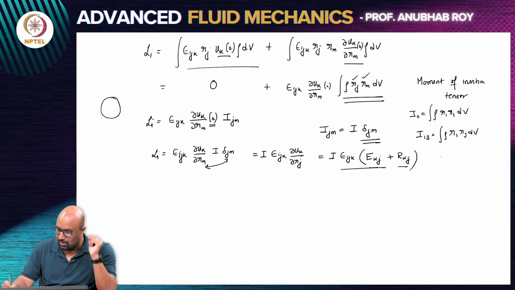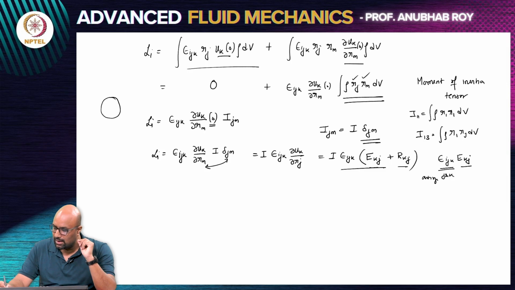Now, if you look at the first term, that is epsilon_ijk double dotted with E, that is the first term. This object is anti-symmetric about j and k. E_kj, however, is symmetric about k and j.